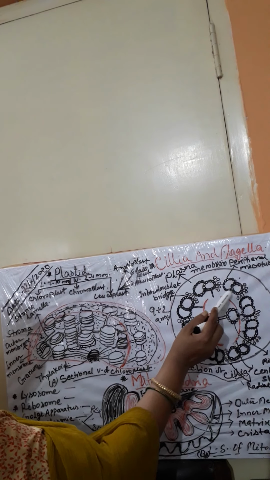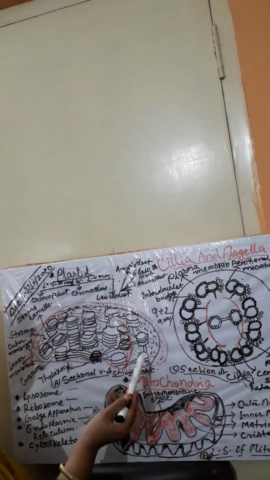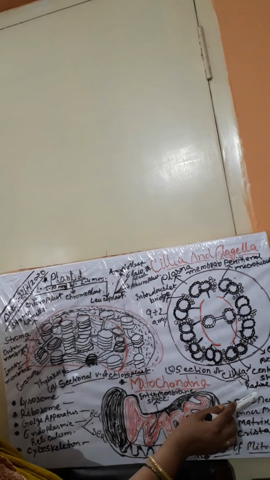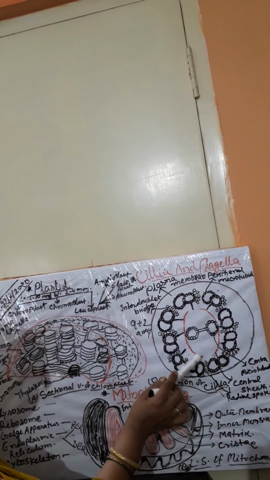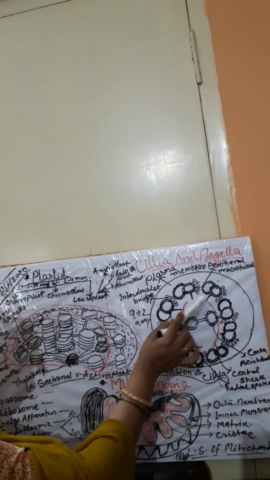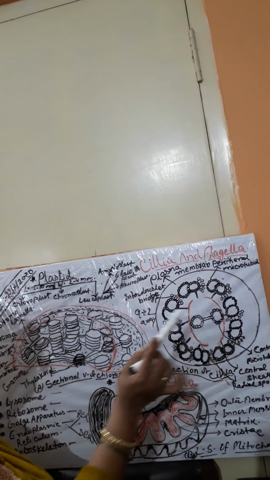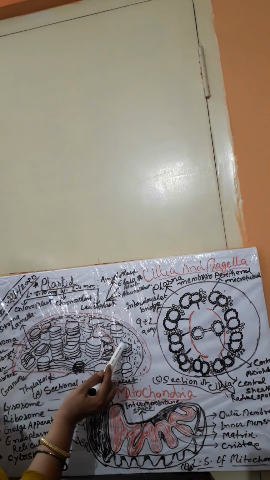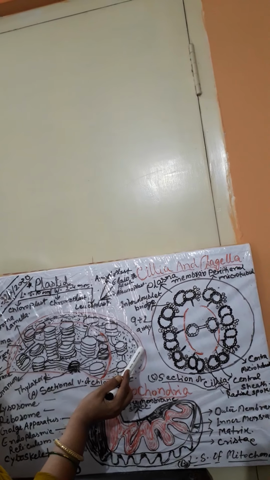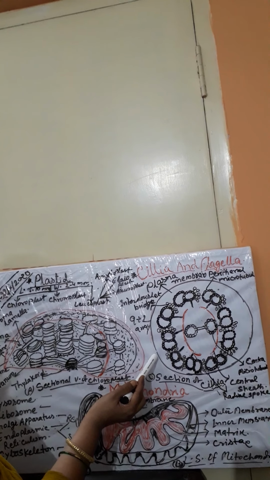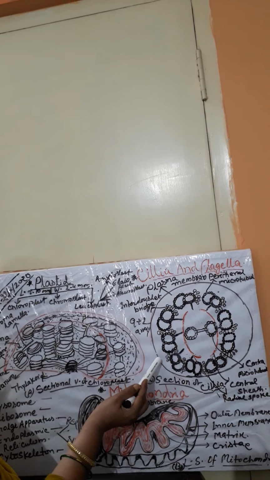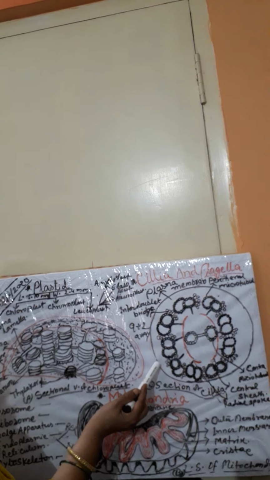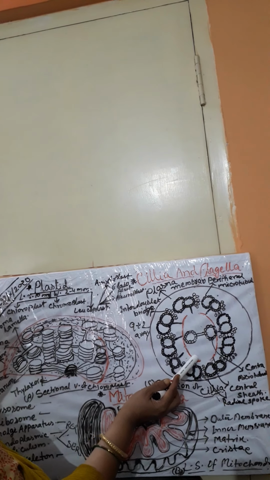These are known as radial spokes. The peripheral doublets are also interconnected by linkers. Both the cilium and flagellum emerge from centriole-like structures called basal bodies.